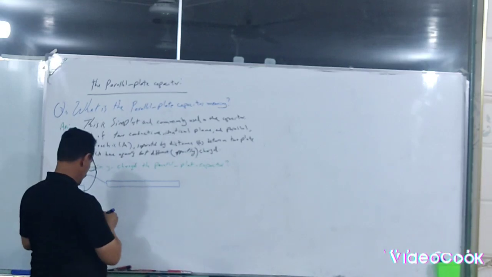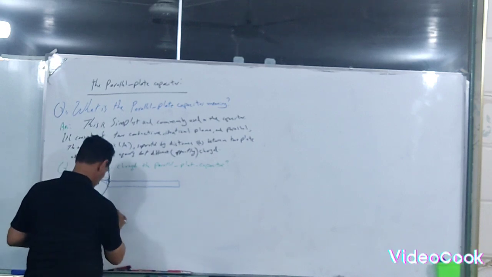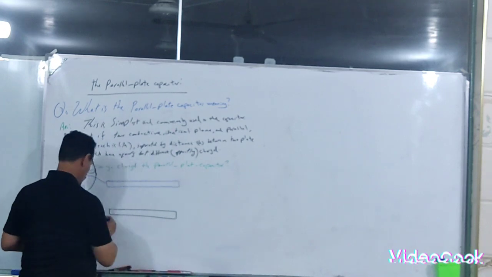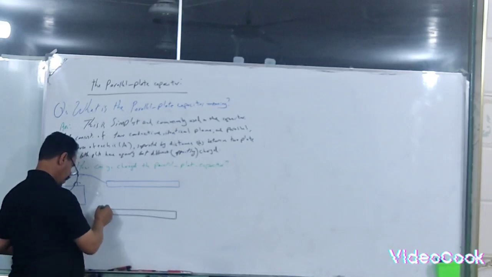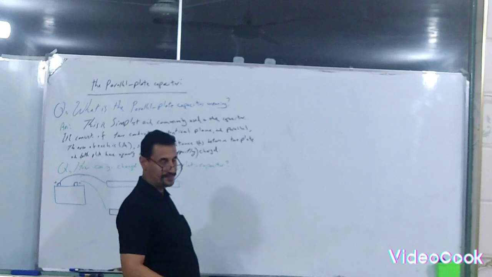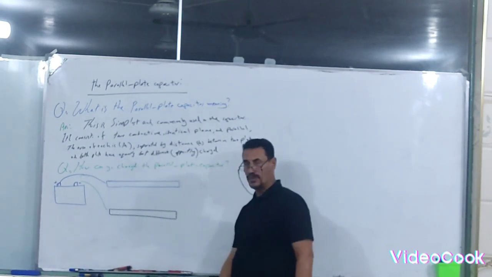Now we're drawing the second plate, and the other plate is connected to the negative pole of the battery or any source. The source in this figure is an electric battery.